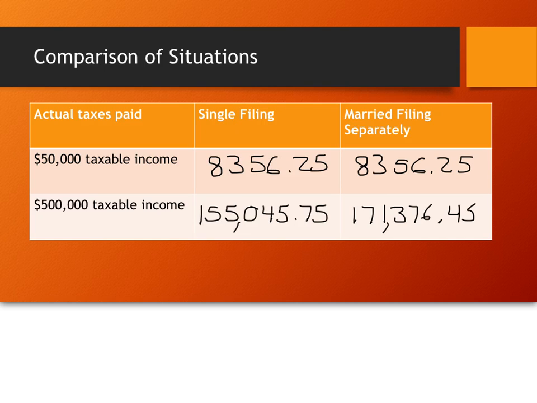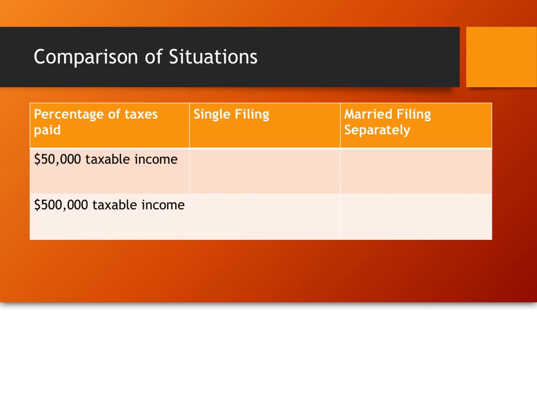However, there is a significant difference at $500,000, being married and being single. Well, marriage induces an extra, about $15,000 to $20,000 worth of extra taxes you'd have to pay the government. So to be married in this situation would cost you a lot extra.